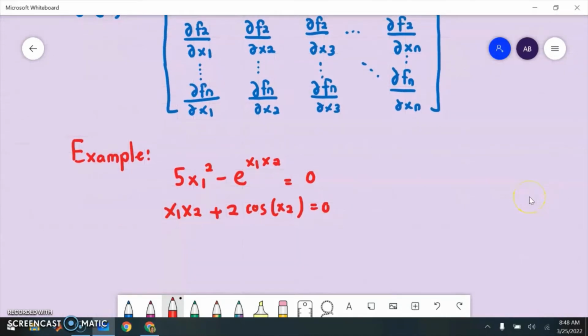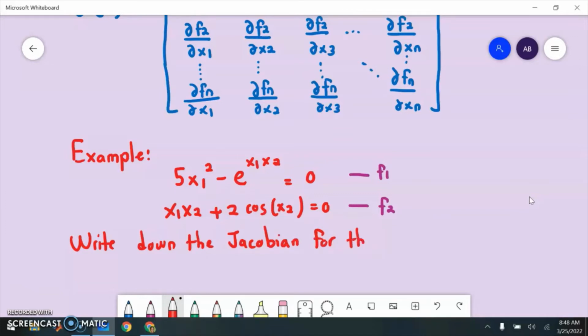This is a two dimensional system, so I can write these as f1 and f2. The question says, write down the Jacobian for the given system. What is the Jacobian for the system?